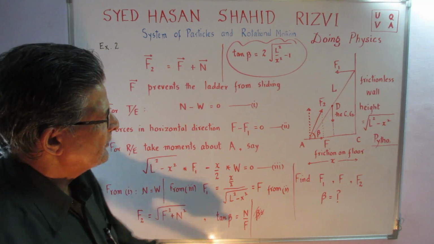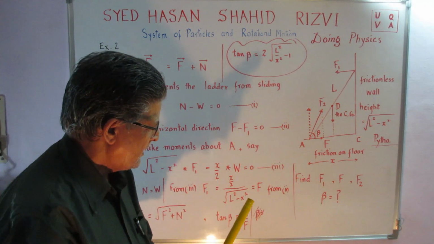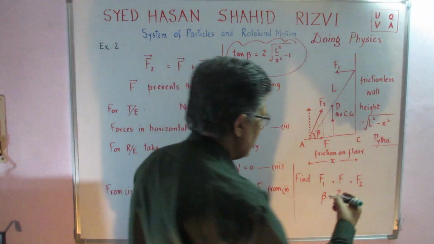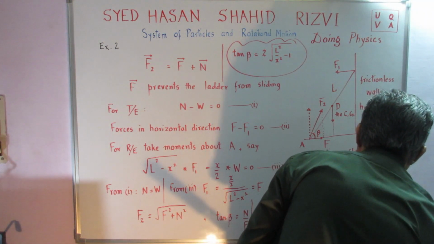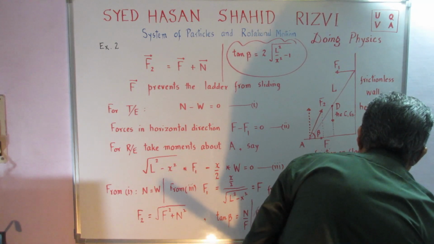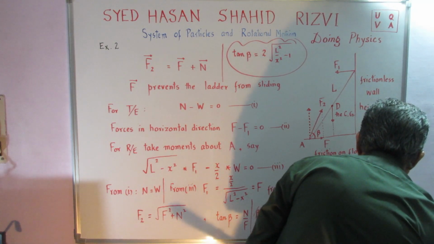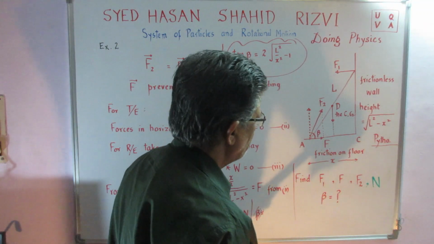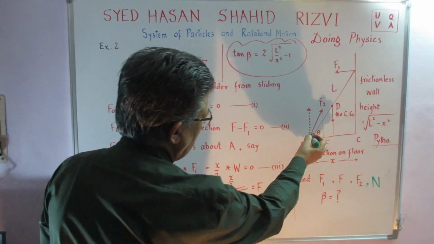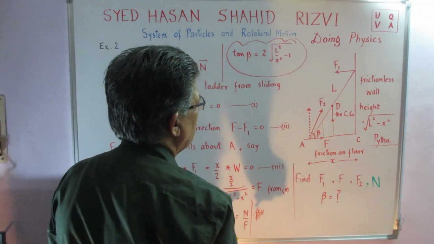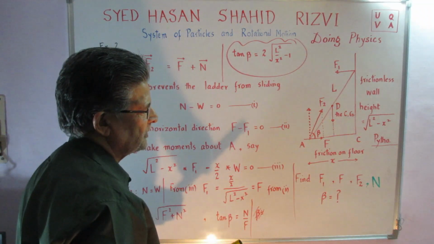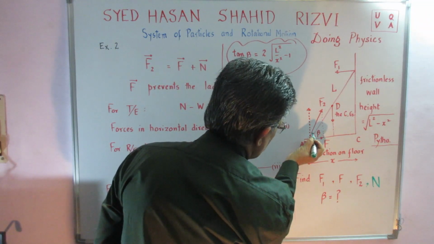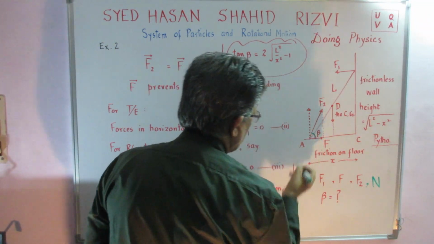So we are asked to calculate F1, F2. Also we can calculate the normal reaction which is there, and the value of the angle beta which the net force here makes with the horizontal axis. You can see that the angle beta is between F2 and this.